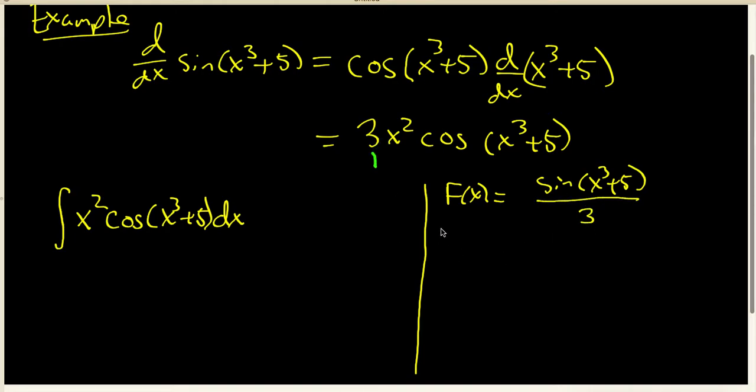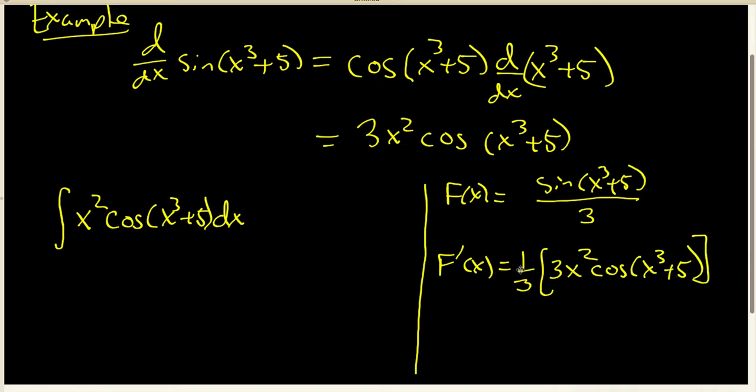In other words, if I have this function and I calculate f prime, that's going to be 1/3 times the previous derivative that we just calculated. And those 3's cancel out, and so f prime is indeed x squared times the cosine of x cubed plus 5. So I already know that the answer to this antiderivative should be this function plus whatever constant I want to add.